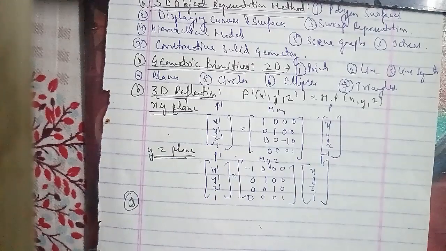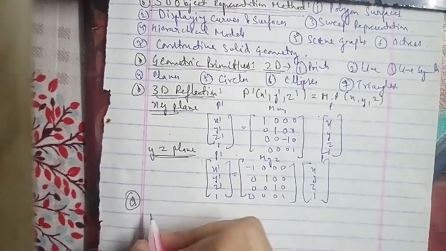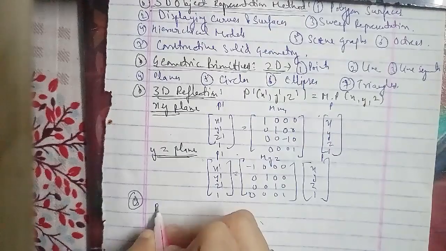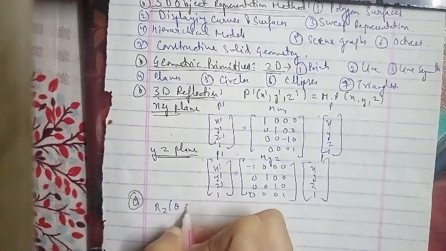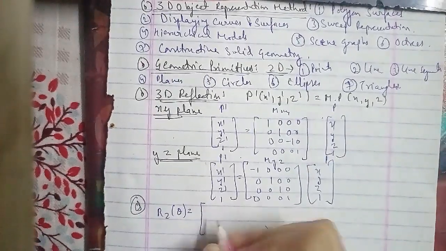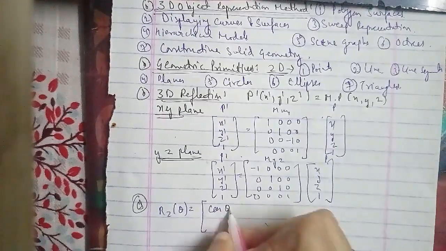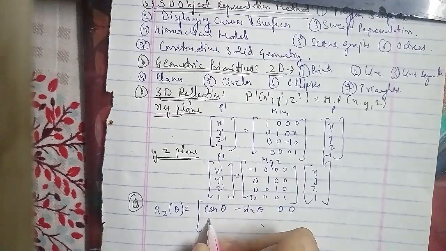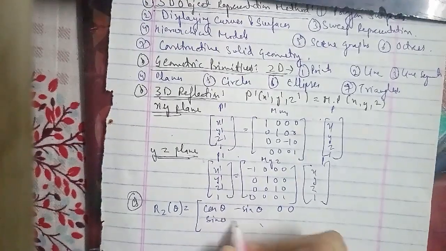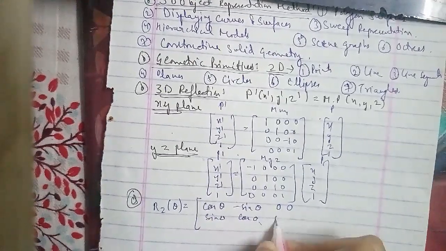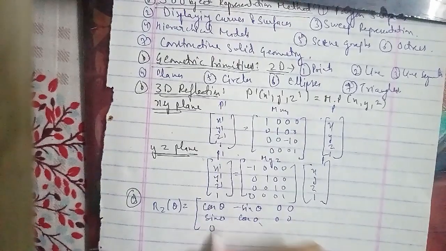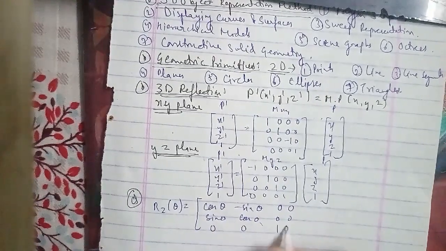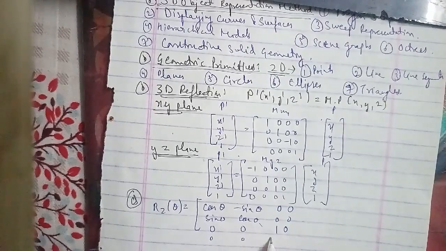We'll take each one. Rz(theta) is equal to [cos theta, -sin theta, 0, 0; sin theta, cos theta, 0, 0; 0, 0, 1, 0; 0, 0, 0, 1].